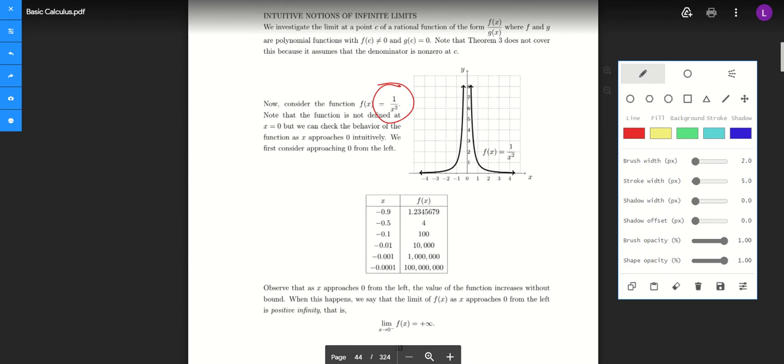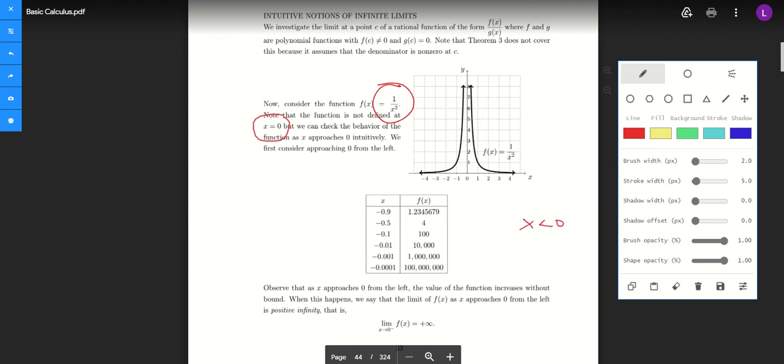So once we opt to use table of values, you select values that are near to the c. And for now, we're talking about x is equal to 0. So in other words, choose x values which are lesser than that.